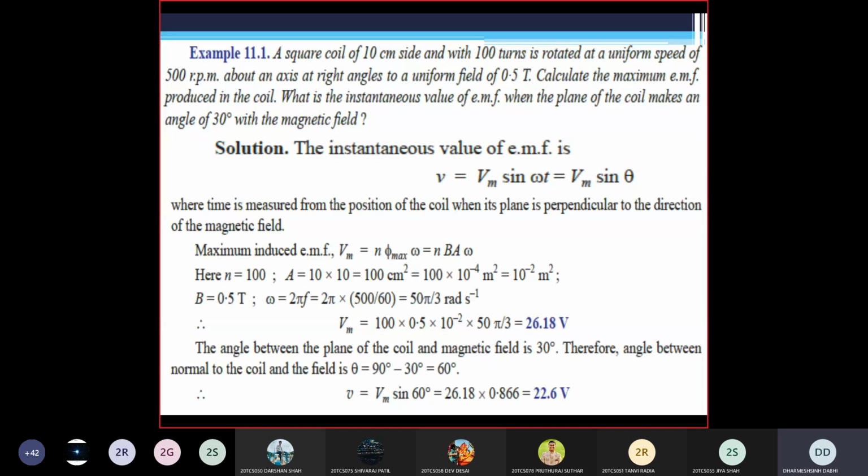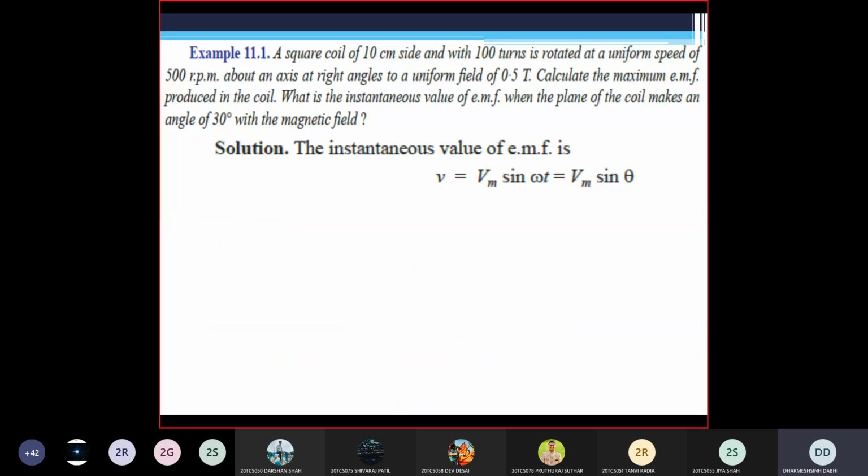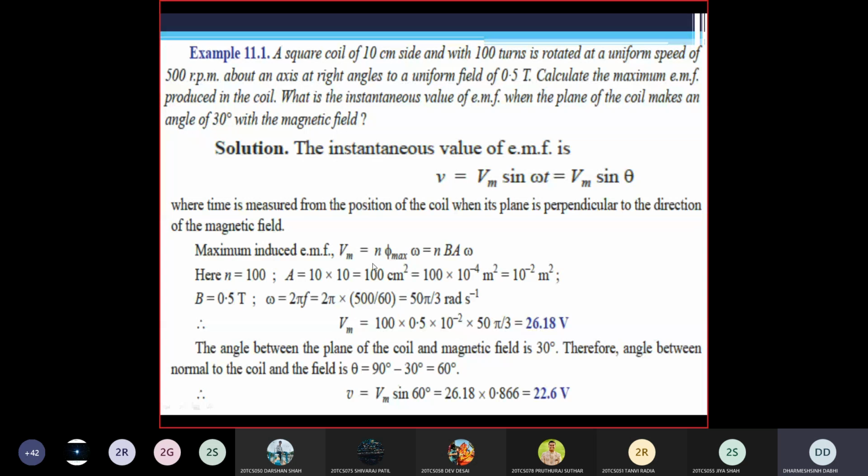Let's see the answer here. You can see the answer of Vm, N phi x into omega. Phi x is replaced by B into A. B is given, 0.5 Tesla. N is given, 100 turns. A you find out because one side of this square coil is given as 10 centimeter, so area in meter square is 10 raised to minus 2.